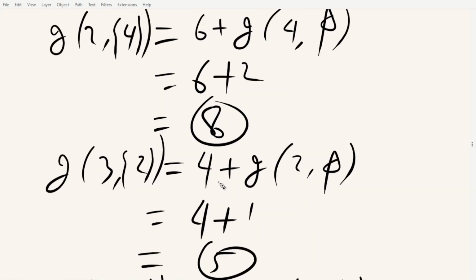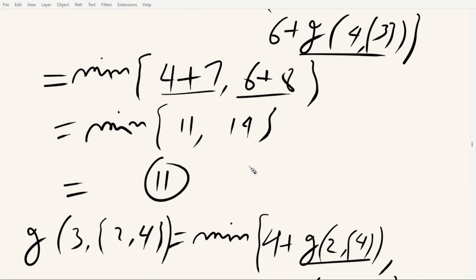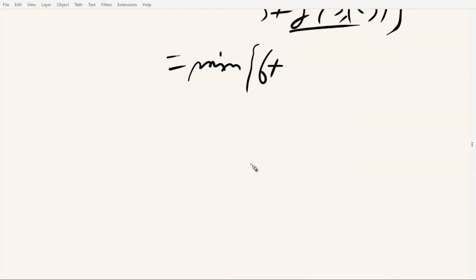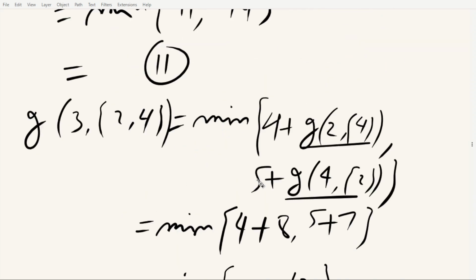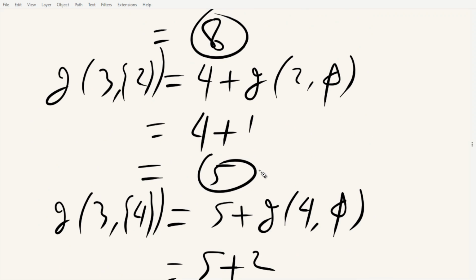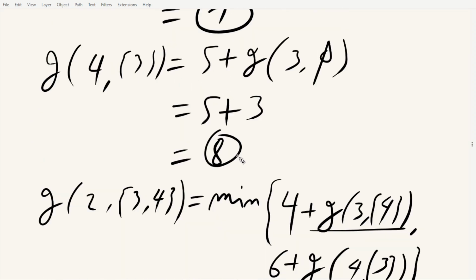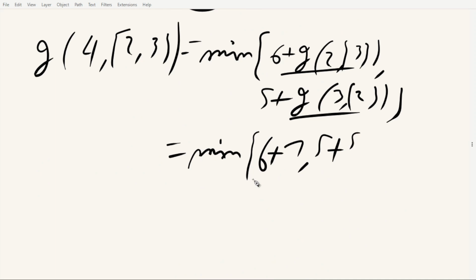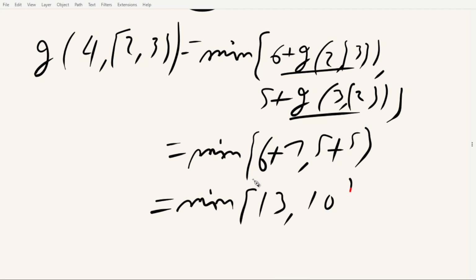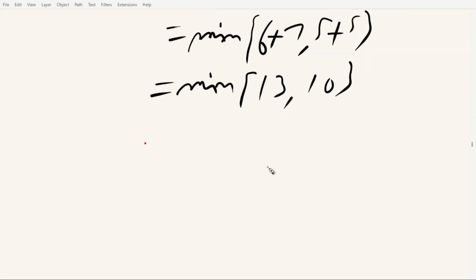G2,{3} value is 7 and G3,{2} value is 5. So we get minimum of 13 and 10. So we get the value 10.